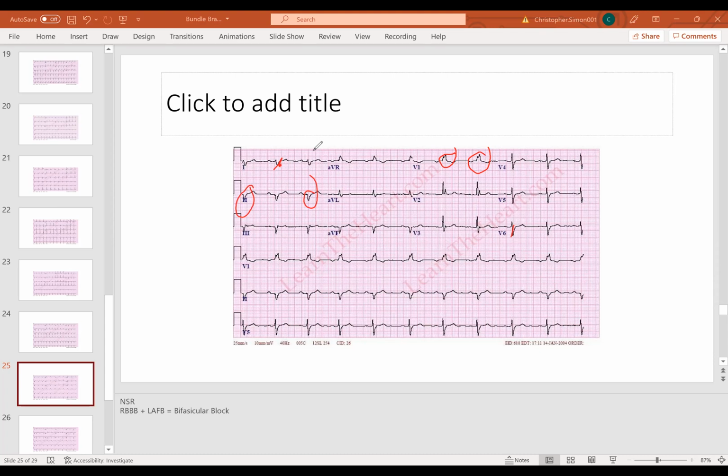So if you have a right bundle branch block because of V1, lead 1, V6, okay, cool. What about lead 2? Oh, that's a negative deflection. Now you also have a left anterior fascicular block. So right bundle branch block plus left anterior fascicular block equals a bifascicular block. A bifascicular block can be a couple of different things, but in this particular case, that's what's going on here.